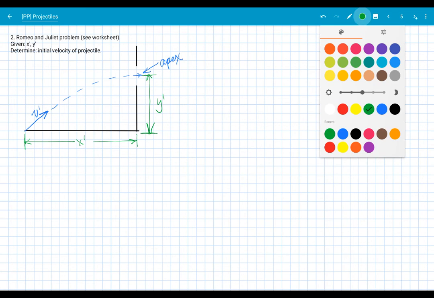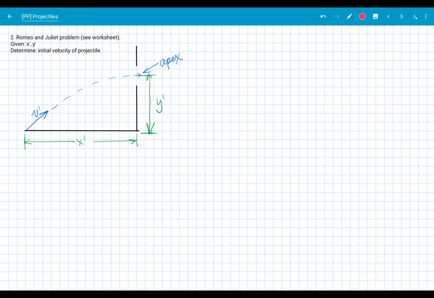So let's put a coordinate system on this. Coordinate system consists of an origin and a sign convention. I'm going to go ahead and place the origin at the launch point. You don't have to do the same thing, but I find that helpful. And then for sign convention, I'm going to use upward positive y and rightward positive x here.